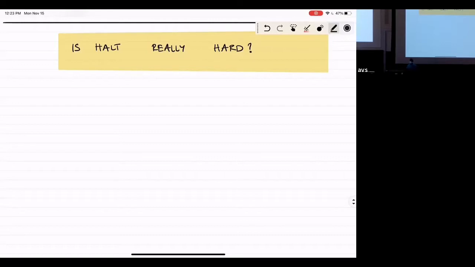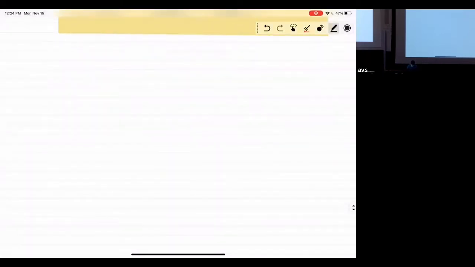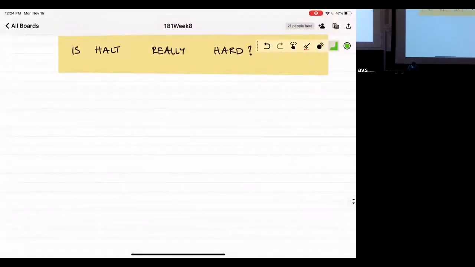That's just an example that halting can really be a hard problem even for very short programs. It has nothing to do with the length of the program. Okay, so let's do an example just to illustrate this point.